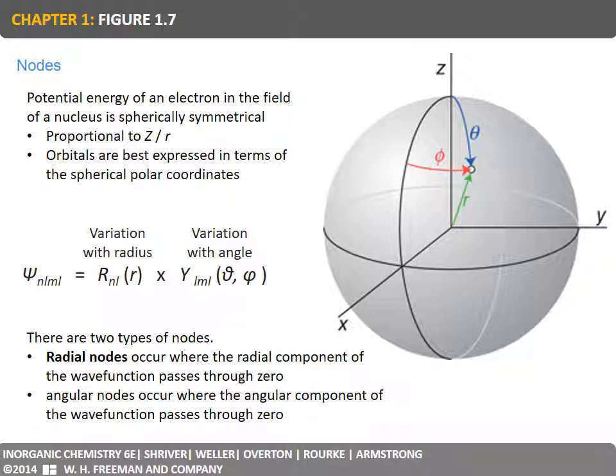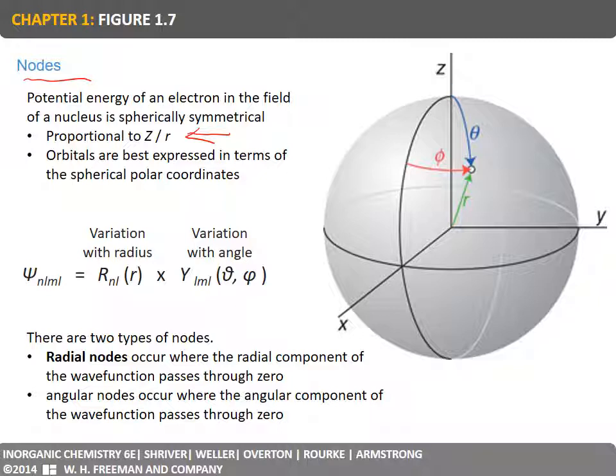Another concept to introduce before moving forward are nodes. So the potential energy of an electron around its nucleus is spherically symmetrical and is proportional to the charge over radius.